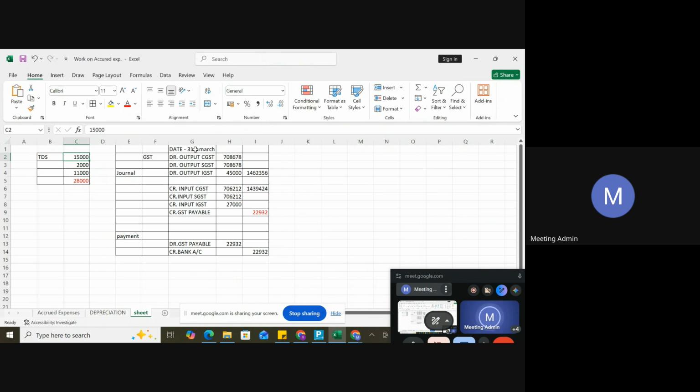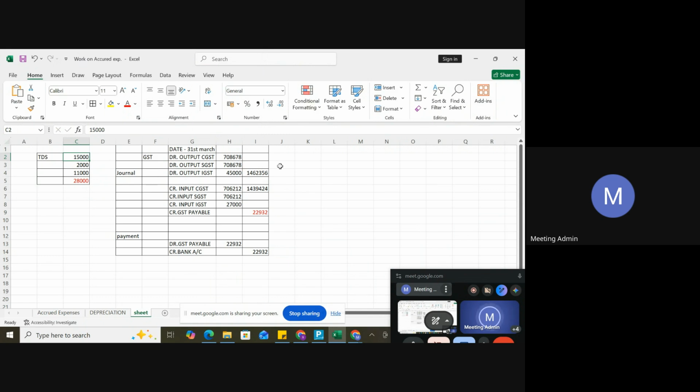We take this input and output, whatever we purchase and sell. We already paid the GST on input, and on output we have to pay it to the government. So that amount of these two is called the set off of GST that we have to do on 31st March.